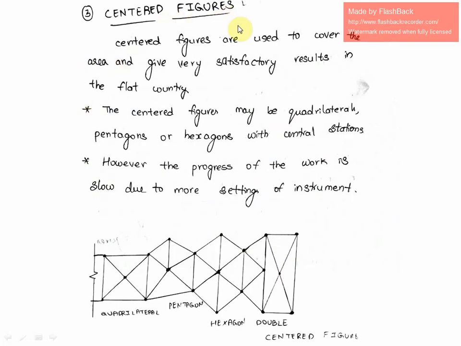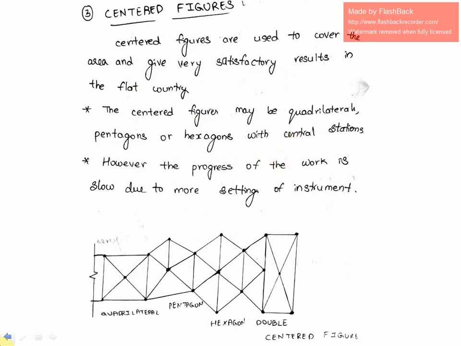Next is centered figures. Centered figures are used to cover the area and give very satisfactory results in flat country. This method is used where flat area is available. The centered figures may be quadrilaterals, pentagons or hexagons with centered stations.